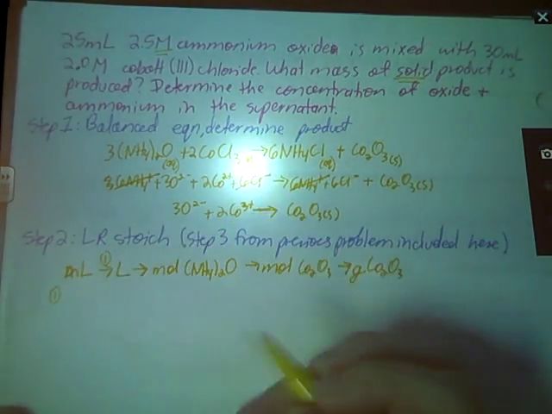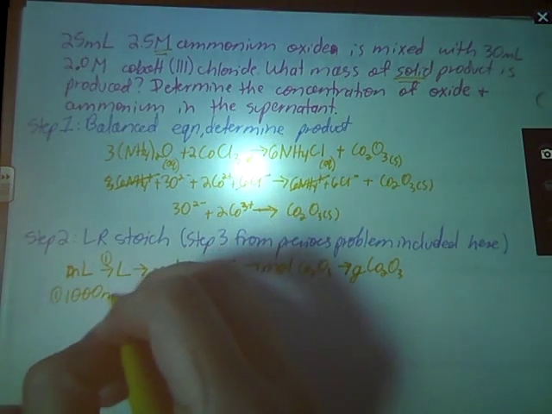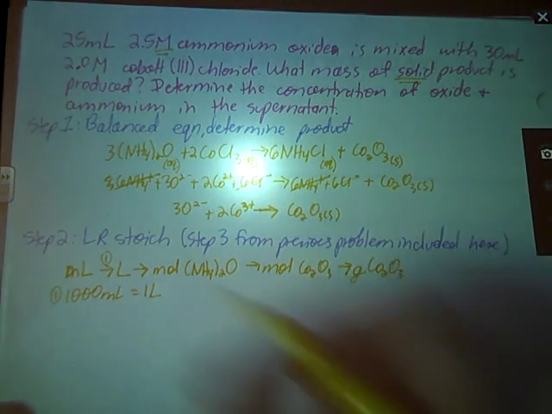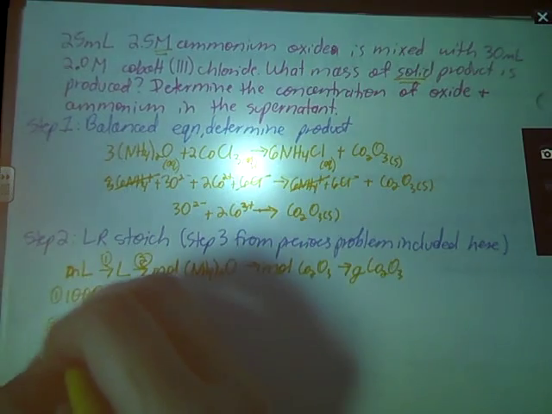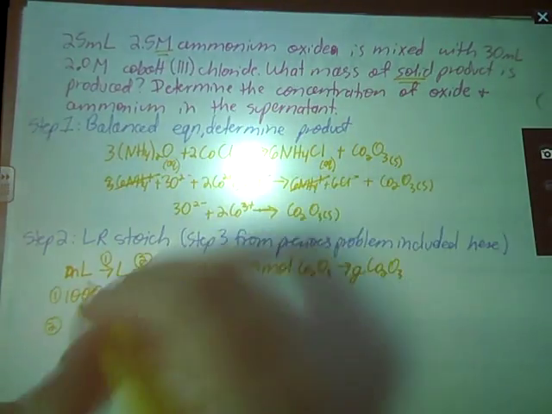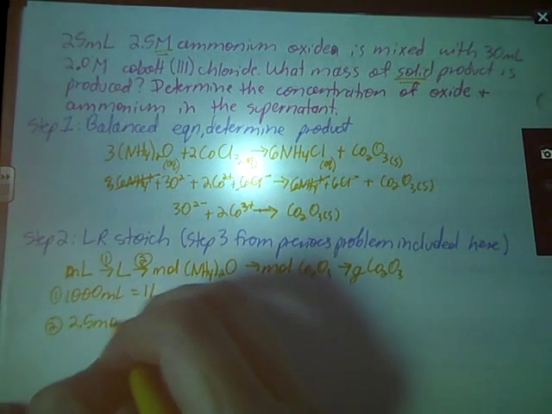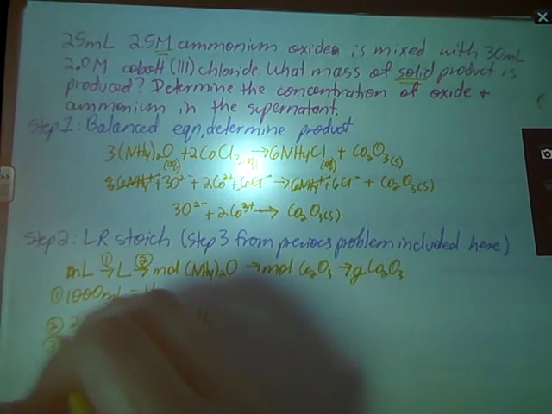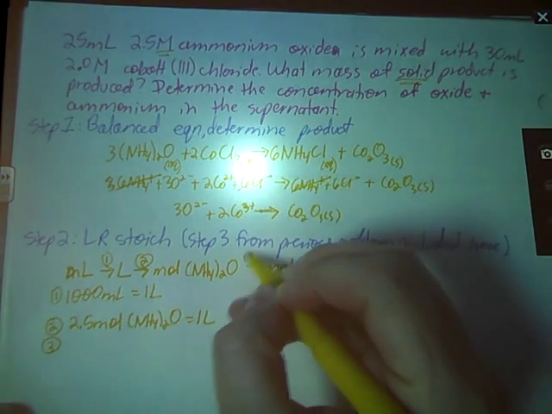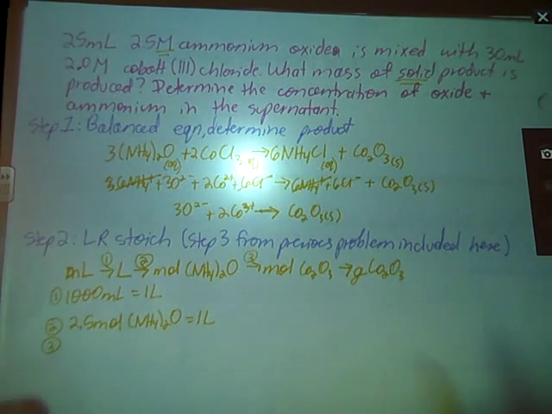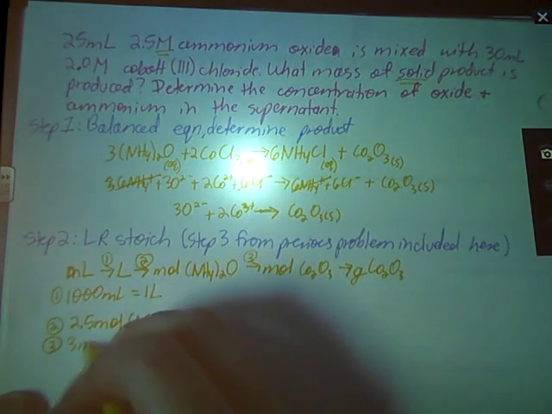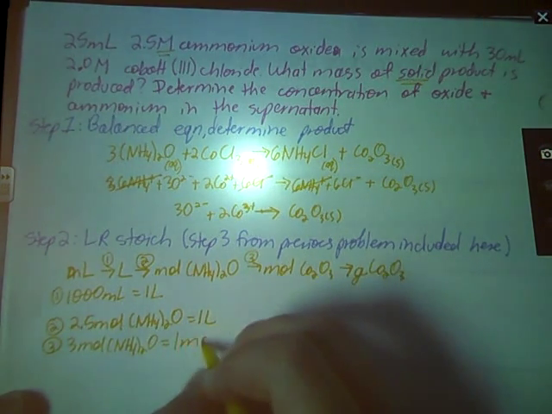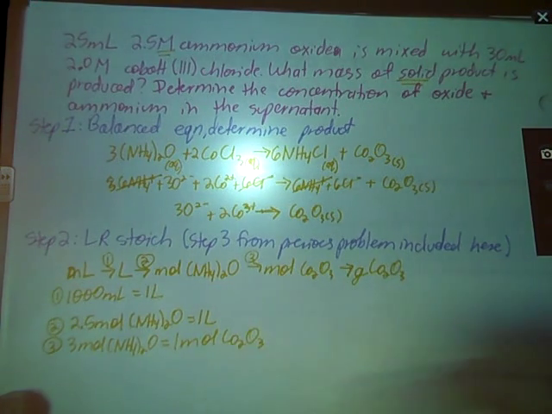The first one, going from milliliters to liters, that's a pretty easy one. Milli means 1,000th. So 1 milliliter is 1/1000th of a liter. Arrow number 2 here is where our molarity comes into play. Molarity is a ready-made conversion factor between moles and liters. Arrow 3 here comes from our balanced chemical equation, the coefficients. So there's a 3 in front of our ammonium oxide and a 1 in front of our cobalt oxide.